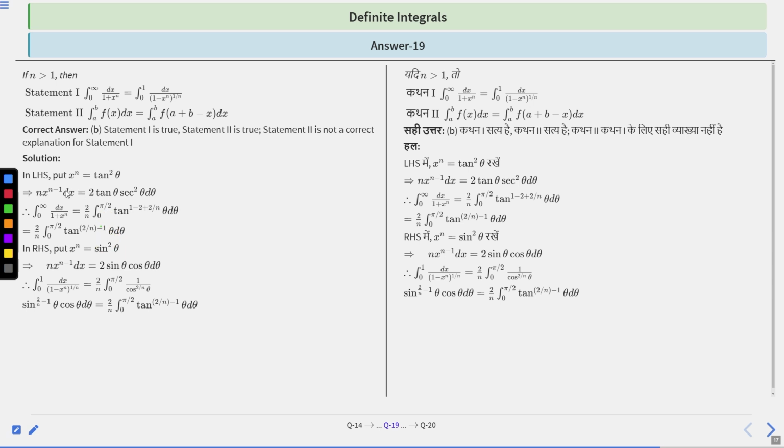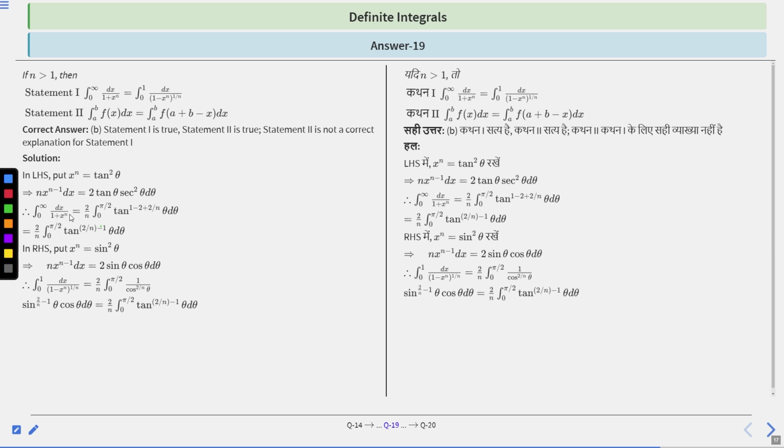Because if x is 0, tan squared theta is 0, and if x is infinity, theta is pi by 2, right? So after solving, you will get 2 by n integration with the power 1 minus 2 plus 2 by n of theta d theta. Clear?